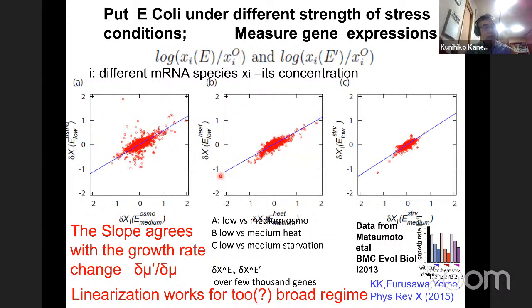So the theory looks okay. This is for osmotic pressure and starvation. There may be a few points deviating, but there are actually 4,000 points here, so almost all points are along this line.